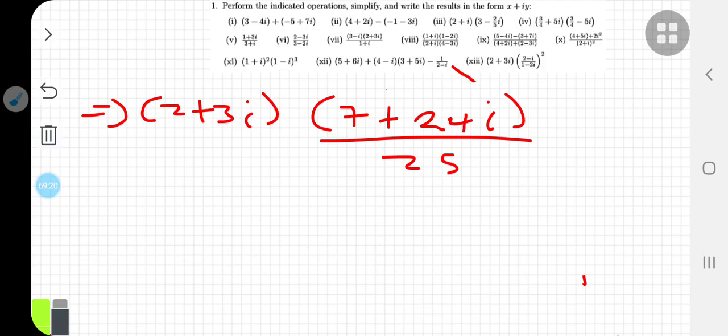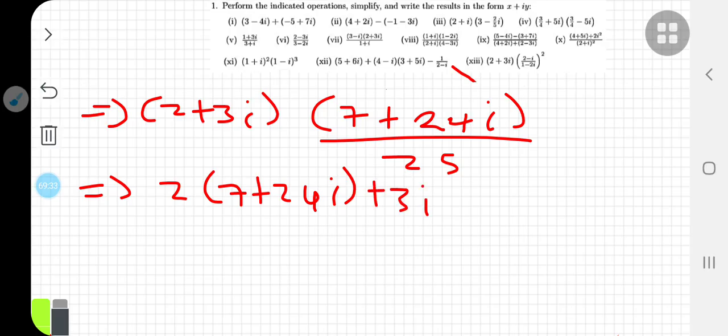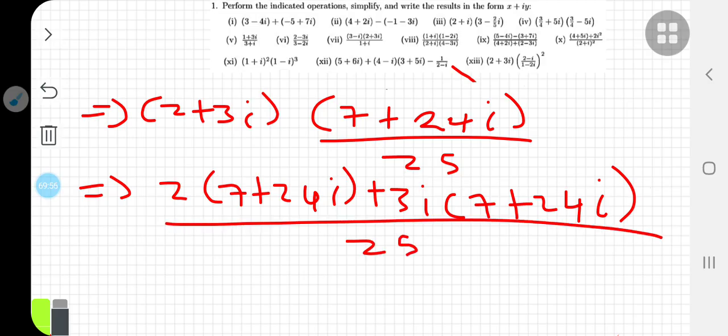So I'm saying that 2 is multiplying with 7 plus 24i, and plus 3i also multiplying with 7 plus 24i over 25.